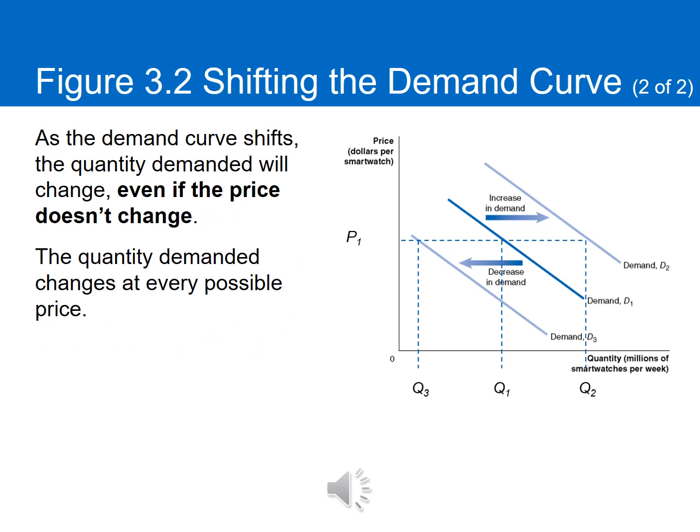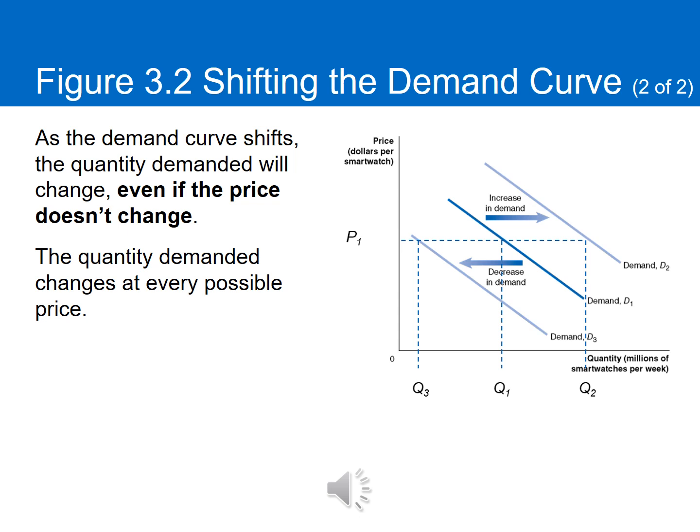When the demand curve shifts, the quantity demanded will change even if the price doesn't change. The quantity demanded will change at every possible price. So here's an example with those same 3 demand curves. If you increase demand, again moving from demand curve 1 to demand curve 2, at this price P1, the quantity is going to increase from Q1 to Q2, where that price crosses the demand curve.